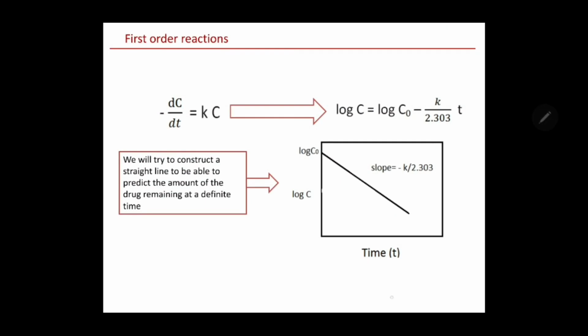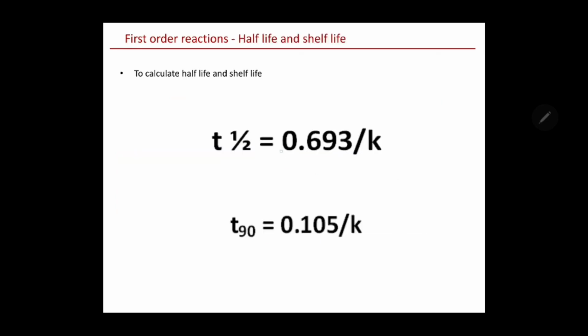But the relationship between time and logarithm of the concentration of the reactants is a straight line with first order reactions. And for half-life of these reactions, we have this formula. As you can see in the half-life formula, we don't have anything related to the concentration of the reactants, because half-life in first order reactions is constant, but half-life in zero order reactions changes with concentration.